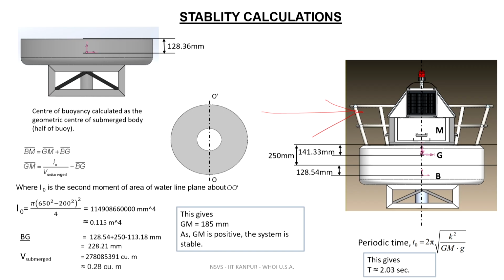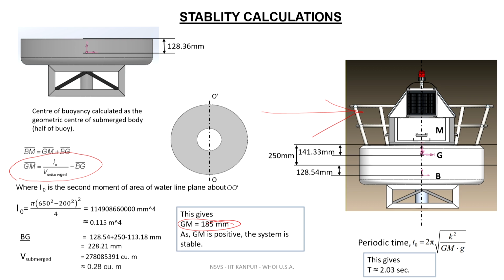Okay. And once we calculate these two things, then we can calculate the GM, and if the GM is positive, like in this particular case, considering all the geometry of the system, the GM would come out to be about 185 millimeter and it is positive, then the system is stable.